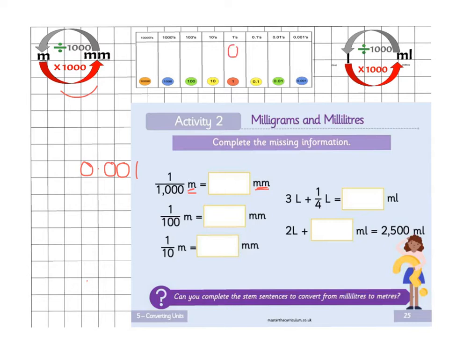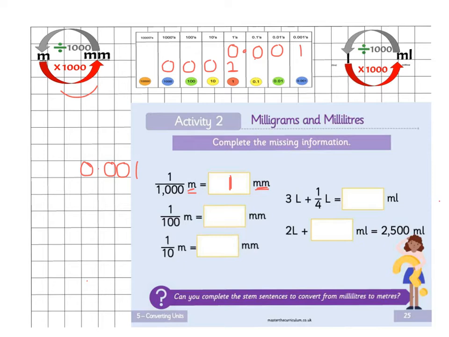So if I had 0.001 and I'm multiplying by 1,000, each digit will move 3 places. 1, 2, 3. So my answer is 1 millimetre.